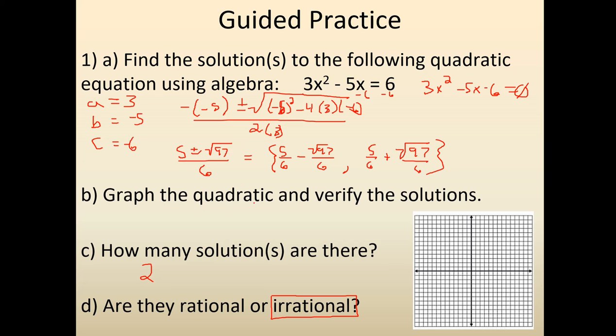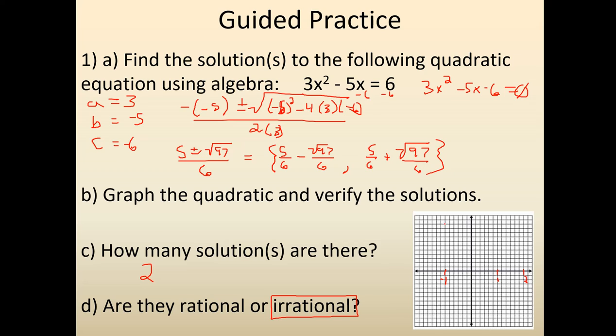Now, if I want to graph this and actually check the solutions, what you would do is plug into your graphing calculator 3x squared minus 5x minus 6 into the y line, and then you'll see that, let's say this is negative 1, and 1, 2, 3, the graph ends up going something like this.